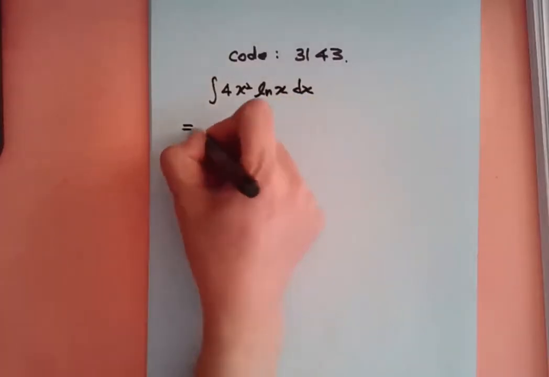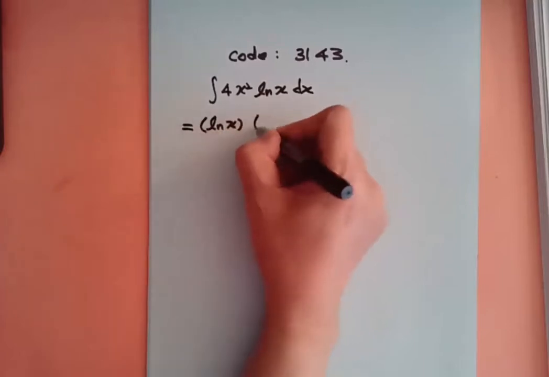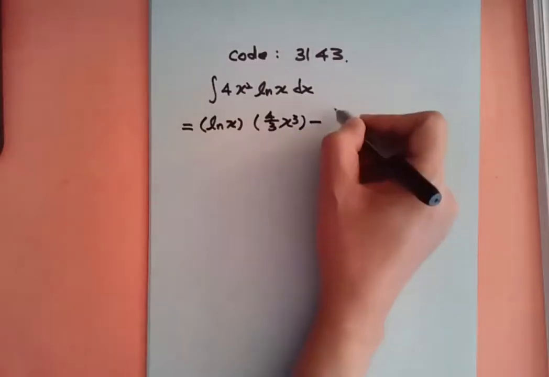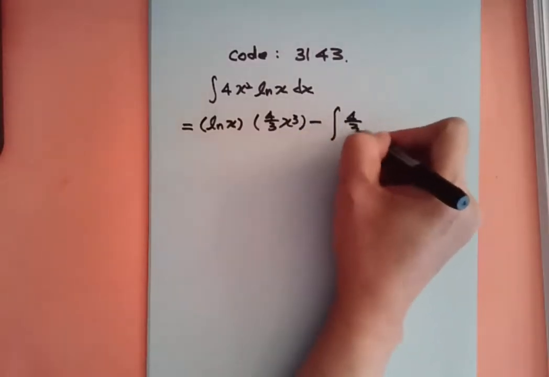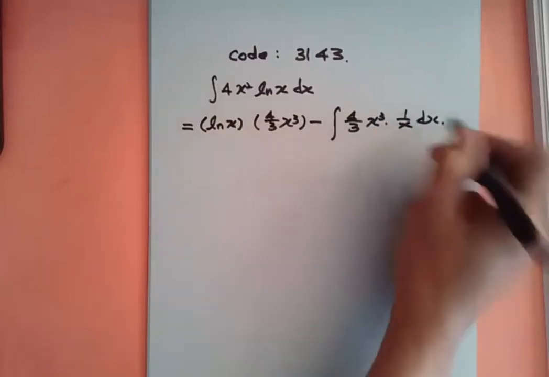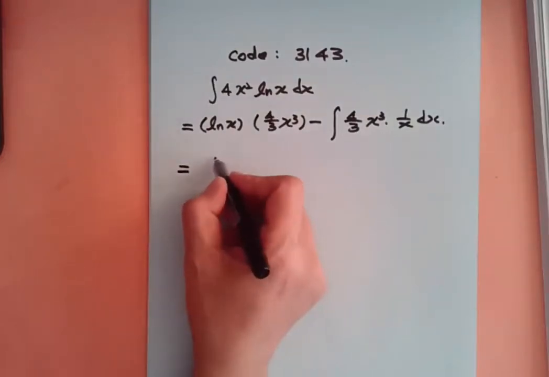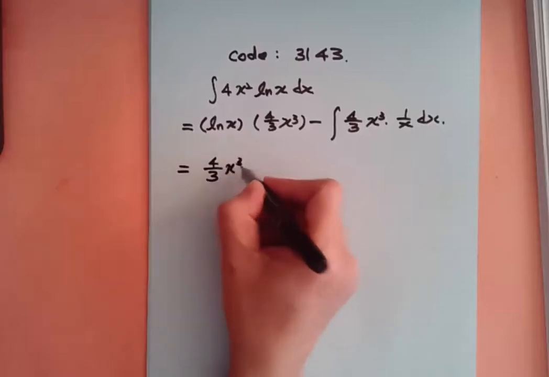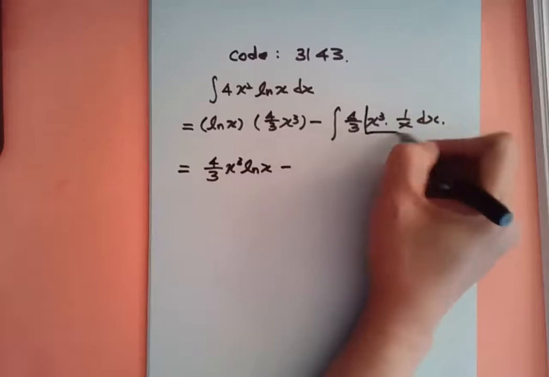So when we follow the formula, that is natural log of x times 4/3 x cubed minus integration 4/3 x cubed times 1 over x dx. Then the first one can be rewritten in a nicer form, 4/3 x cubed natural log of x minus, what is this?